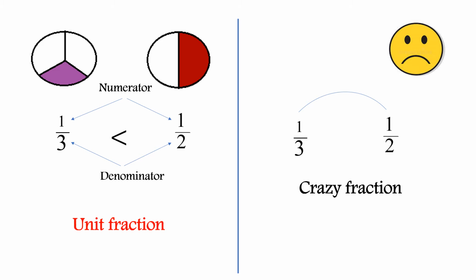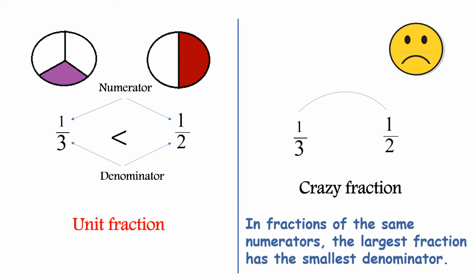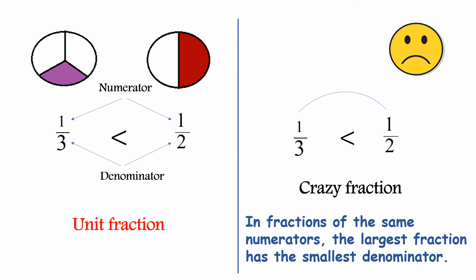Crazy fractions tell us that 2 is greater than 3. Is 2 greater than 3? Yes. Crazy fraction said that 2 is greater than 3. So here 1 over 3 is less than 1 over 2.